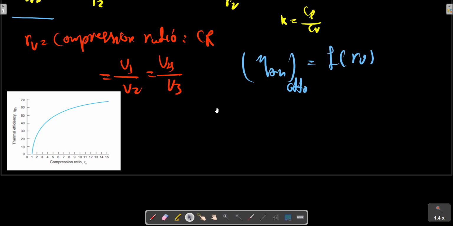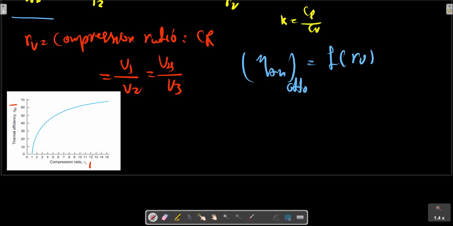This figure shows a plot of the air standard thermal efficiency versus compression ratio as shown in the picture.